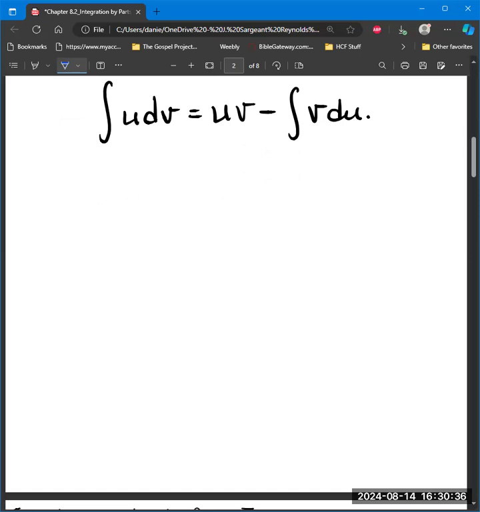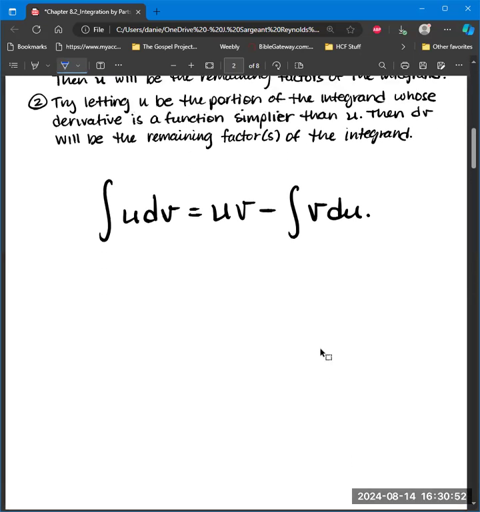Okay, so I like a little technique called LIATE that helps me choose what should be u and what should be dv, so that I don't just sit here and guess. So I'm going to tell you about LIATE right now in this space. So LIATE. I'm going to choose u from this side and dv from this side.